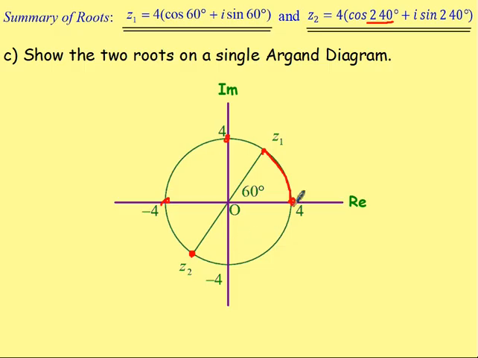Really here with your Argand diagram, even though you're going between 180 and negative 180, that is still how it would look. Because if you take 360 degrees away from the 240, you'd get negative 120. And if you plot that, you'd still get the same thing. Again, it's just going to be a distance of 4 away from the origin.